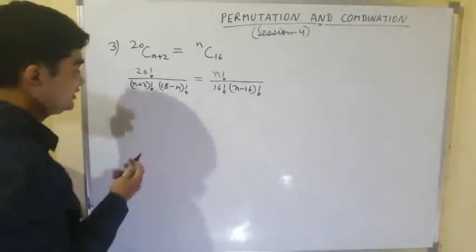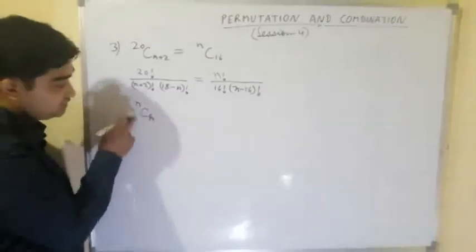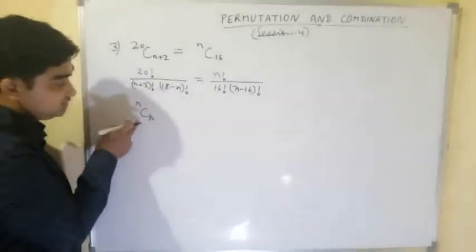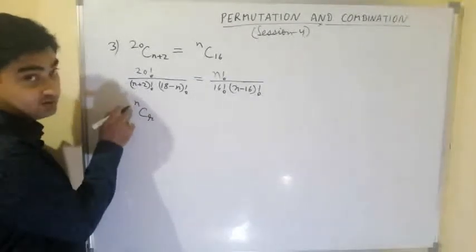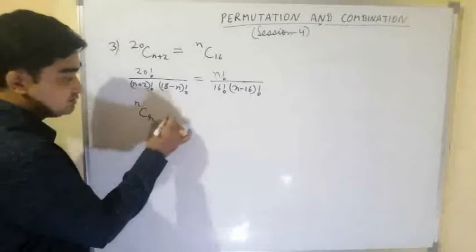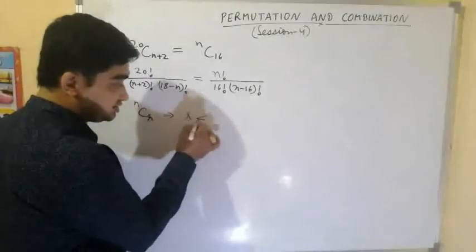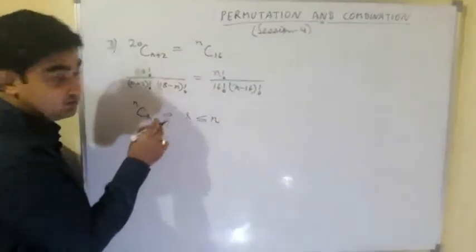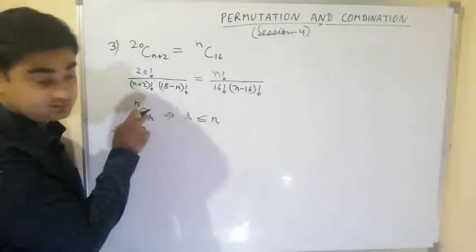What is that concept? We know that nCr means the number of ways in which we can select r objects out of n different objects. From this we can infer that r is always less than or equal to n, because we are selecting r objects out of the available n different objects.